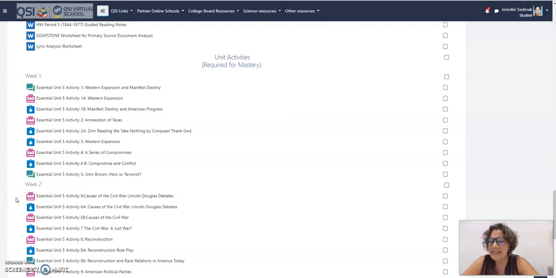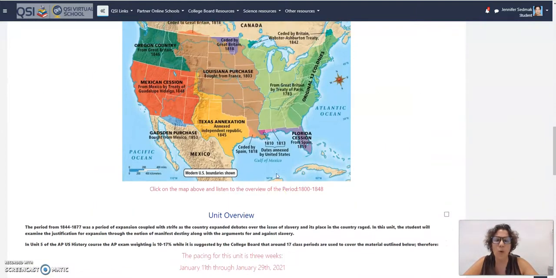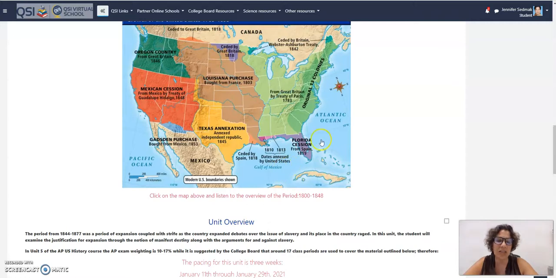Week 1 is going to deal with Western expansion. So it's important for you to learn how all of those different territories on this map above were added to the United States. Like, you should know, Florida was negotiated between the United States and Spain. It was the Adams-Onis Treaty that was signed in 1819, and essentially that land acquisition was peaceful.